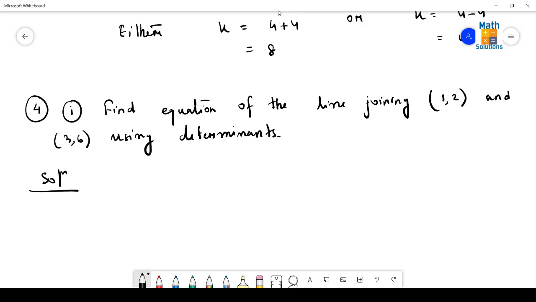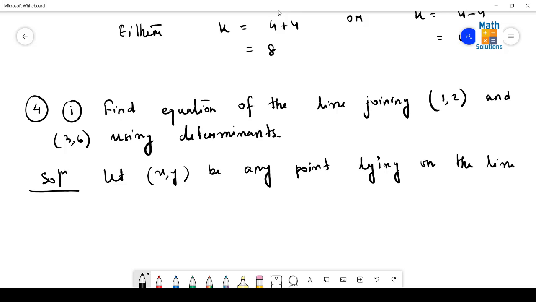So where there is equation of line, there should always be an arbitrary point. So let that arbitrary point in this case be x, y. So we shall write: let x, y be any point lying on the line joining 1, 2 and 3, 6.